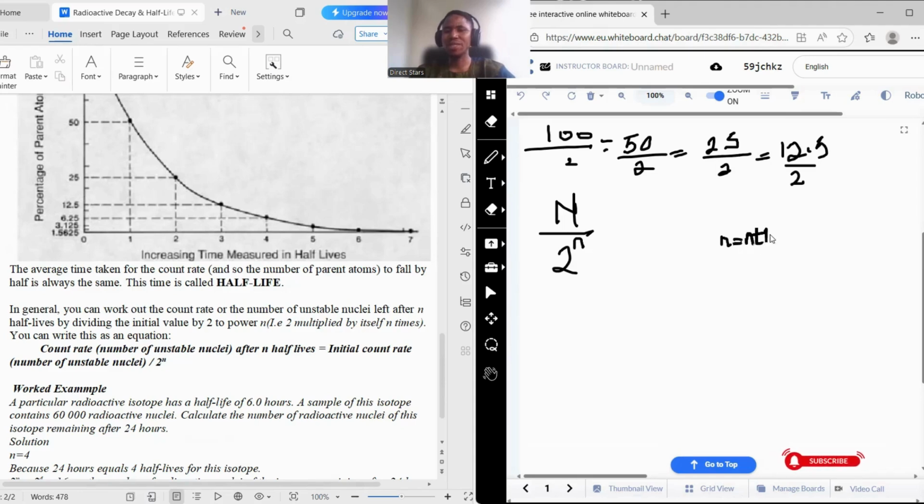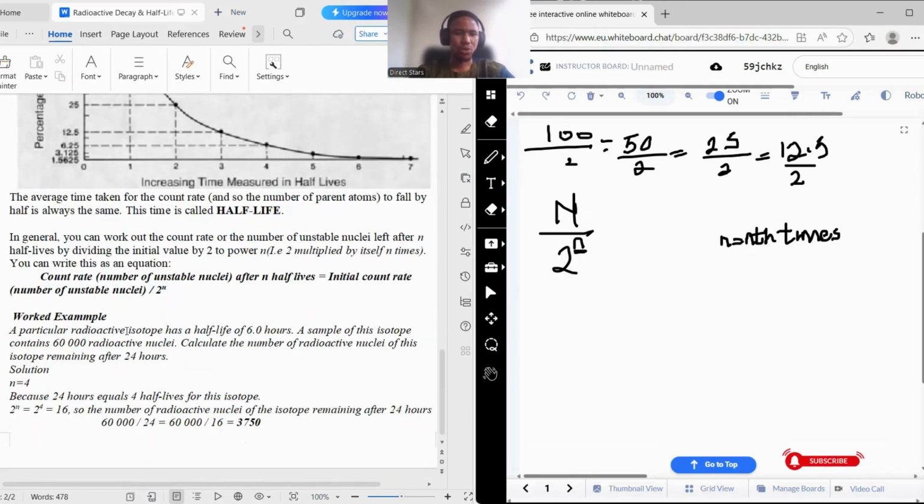The nth term means how many times it decays, that is, how many times it gets to its own half-life. Is it the 3rd time, the 4th, the 5th? That is n. So the initial count rate, that is the number of nuclei, N, divided by 2 raised to the power of n, while this small letter n is the nth term for it to decay. Let's solve this example here.